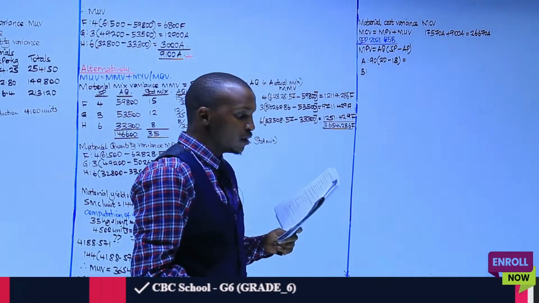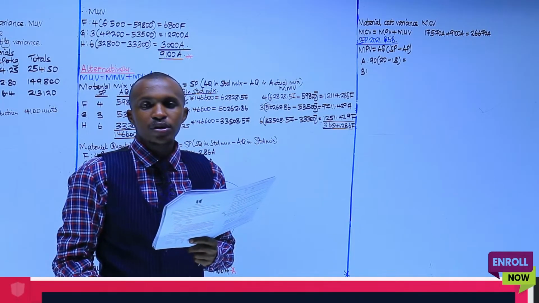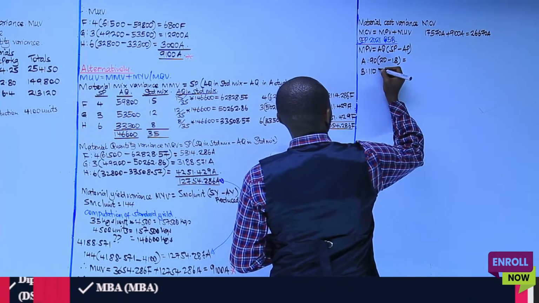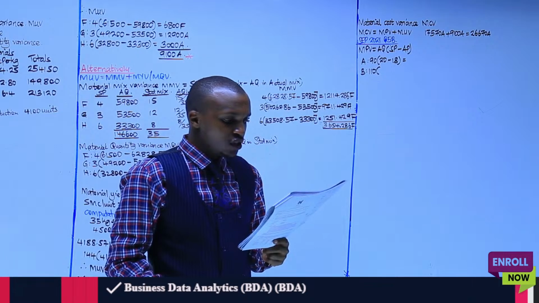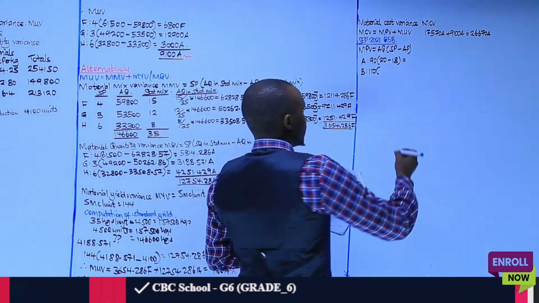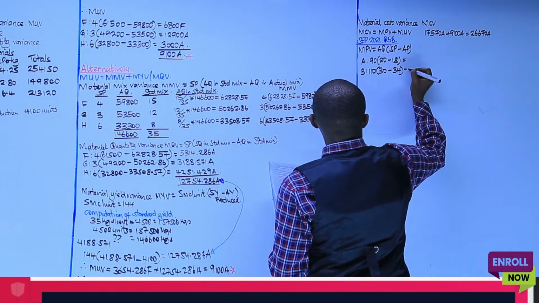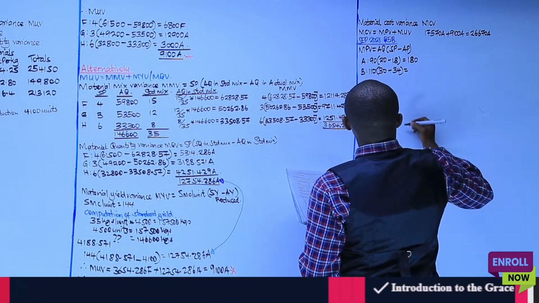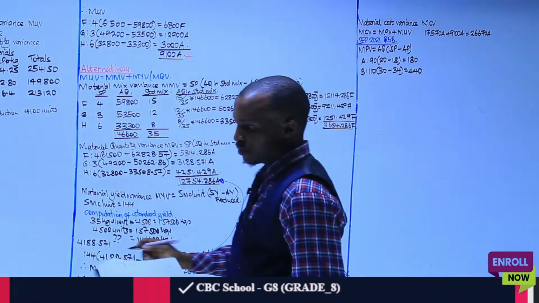For material B, your actual quantity was 110. Standard price per kg was 30 and your actual price per kg was 34, so 30 minus 34. This must be 180. That must be 440.